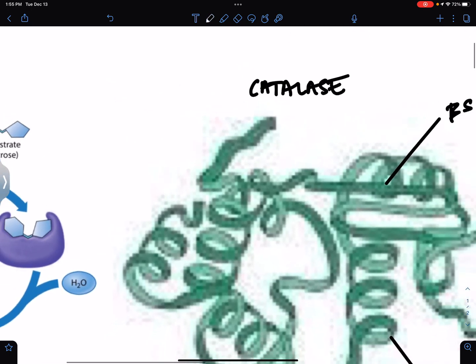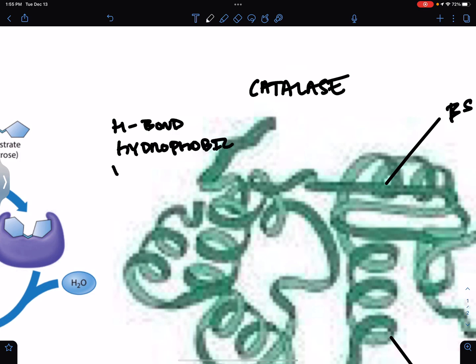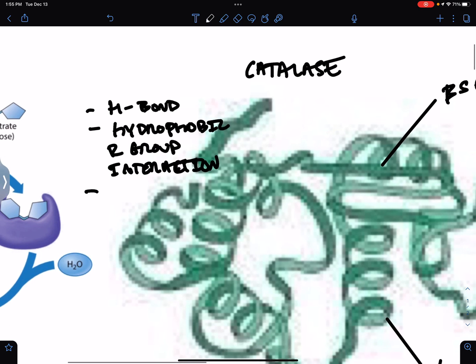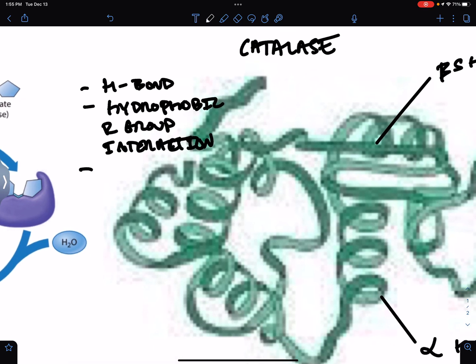This is a combination of hydrogen bonds, hydrophobic interactions, and disulfide bonds holding this structure in place.